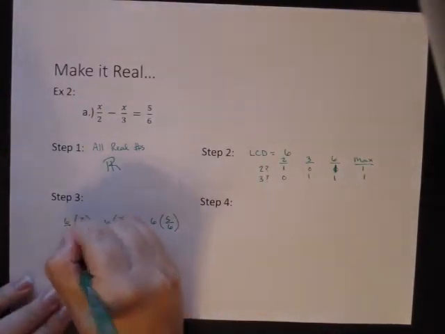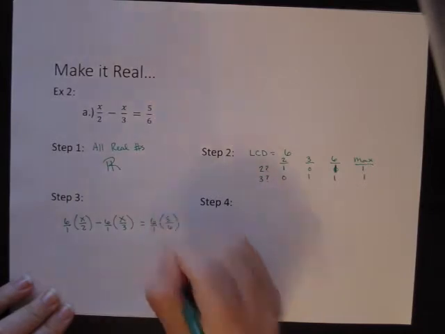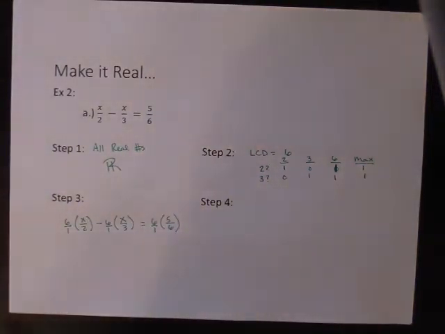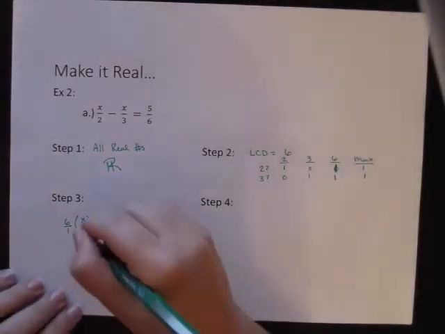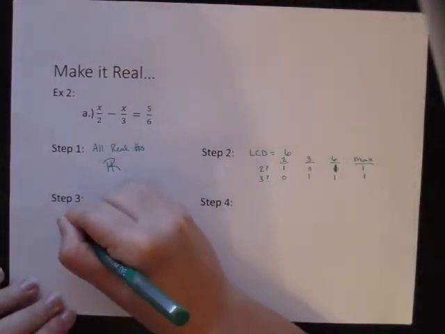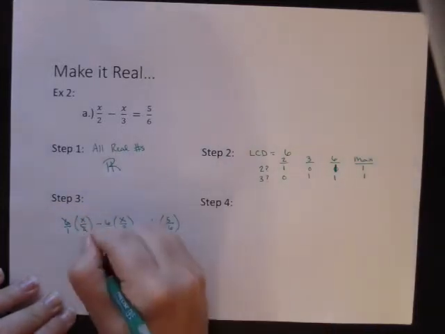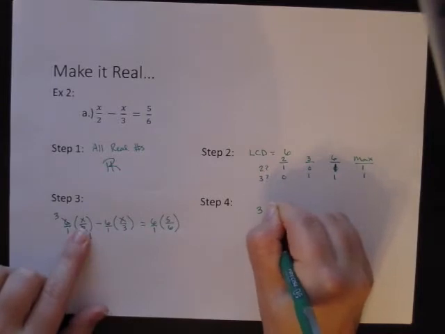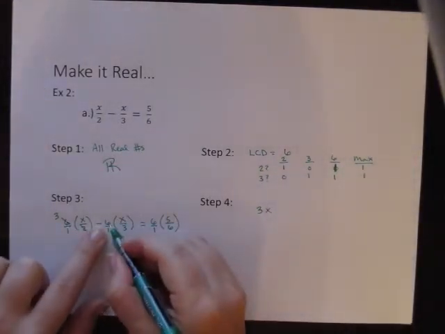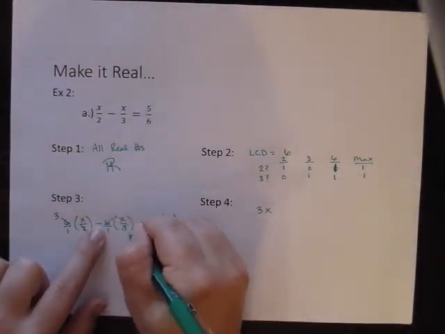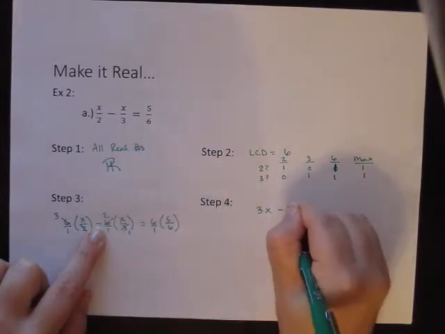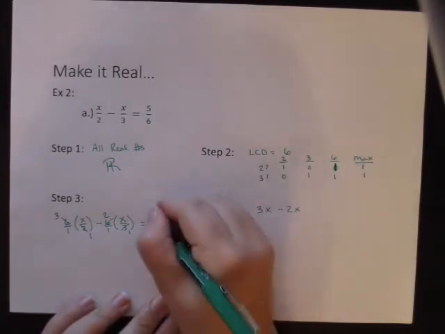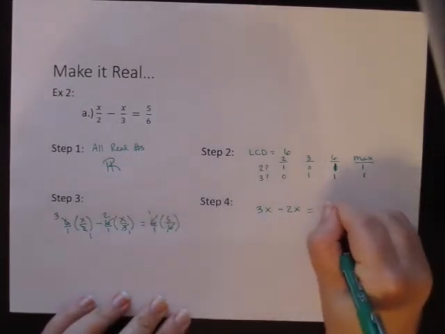I'm going to put a 1 under my LCD, because now I have fractions, and when I multiply fractions I can cross cancel to simplify. So I would do the 6 and the 2. 2 can go into both, so that leaves me with 1 and 3. So I'll be left with 3 times x, so that's 3x. Then 6 and 3 cancel out, 1 and 2, so I've got minus 2x, because 2 times x. Then right here the 6's cancel out, so I'm just left with 1 times 5, which equals 5.